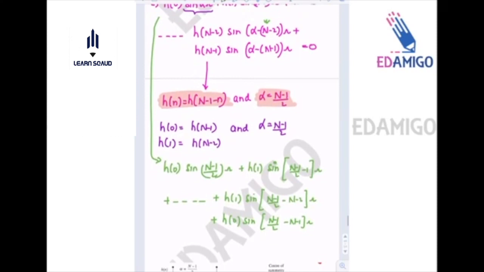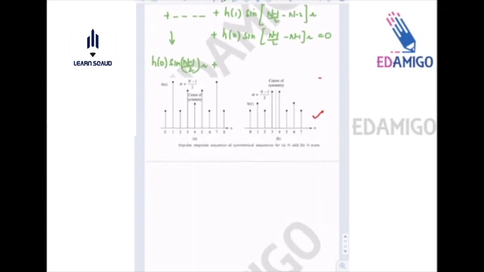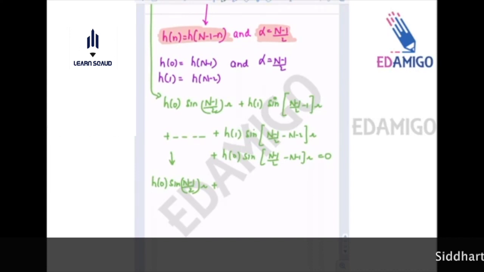Now again I try to write this equation in the simplified format, equal to 0. I can see that the first term is h0 sin((N minus 1)/2 σ). The second term will be h1 sin((N minus 3)/2 σ).